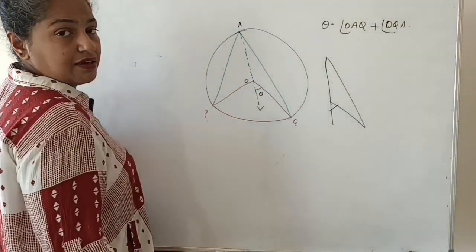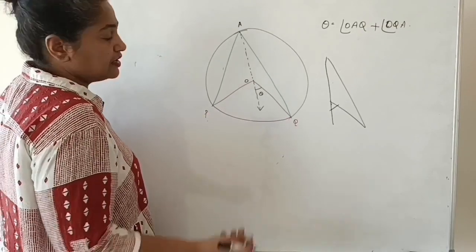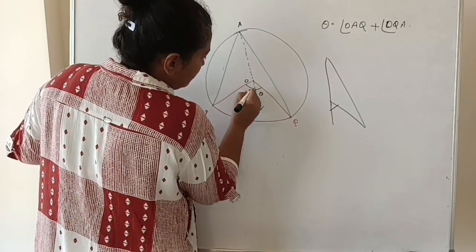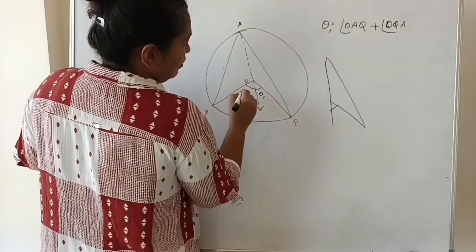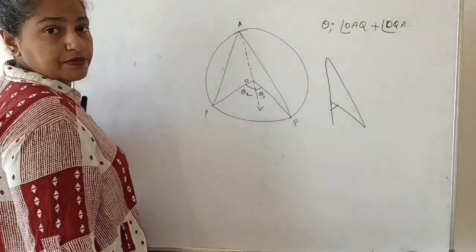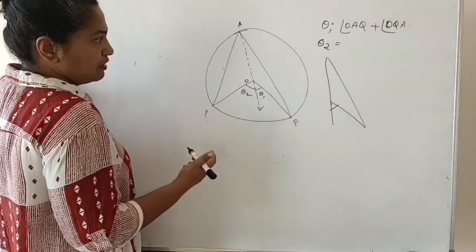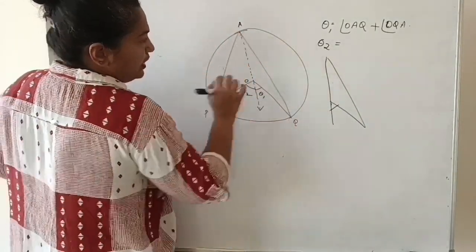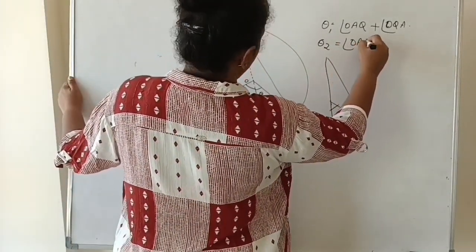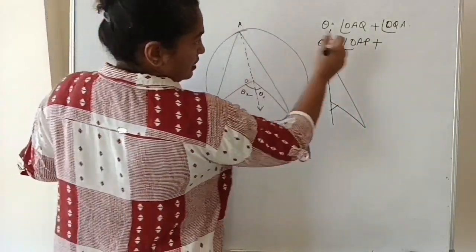The reason being exterior angle is equal to the sum of the opposite interior angles. And suppose this is theta 1. What can you say about theta 2? I can say that theta 2 is equal to angle OAP plus angle OPA.